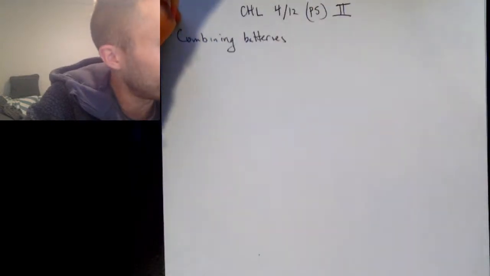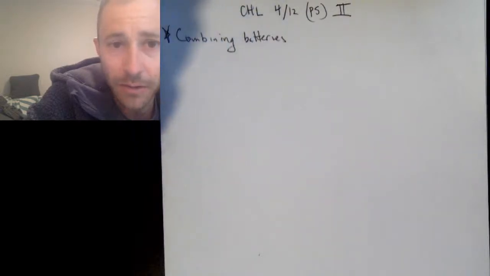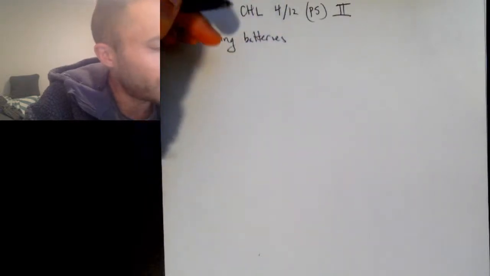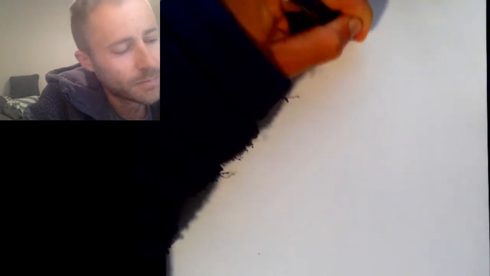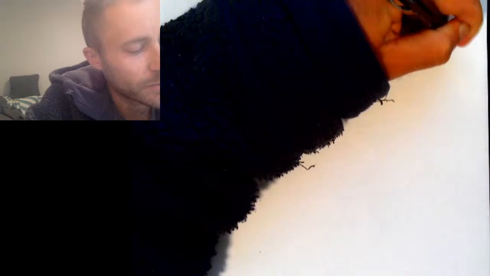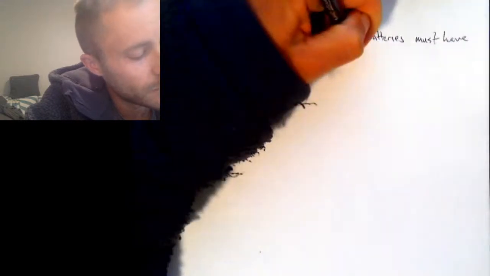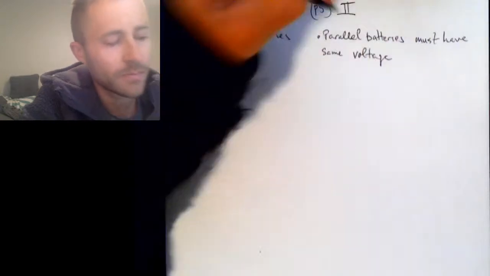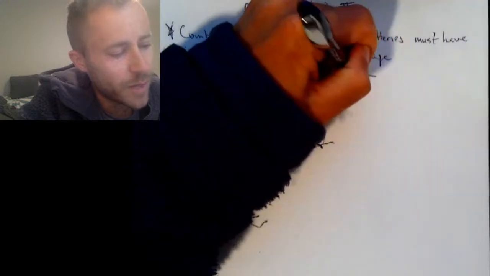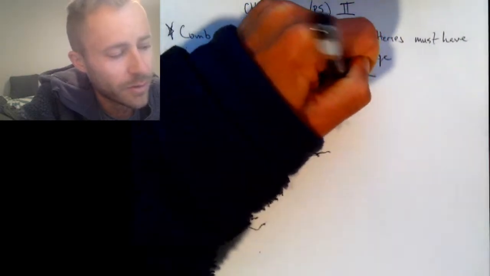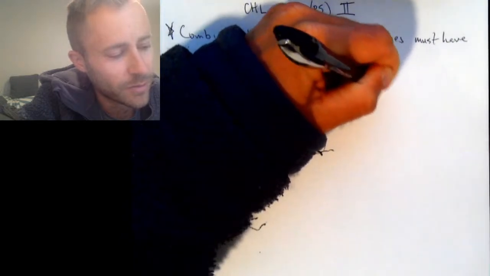Because sometimes you have a circuit that has more than one battery. And so if batteries are in parallel, they must have the same voltage. So you can have two batteries that are in parallel with each other, so that will look like this.